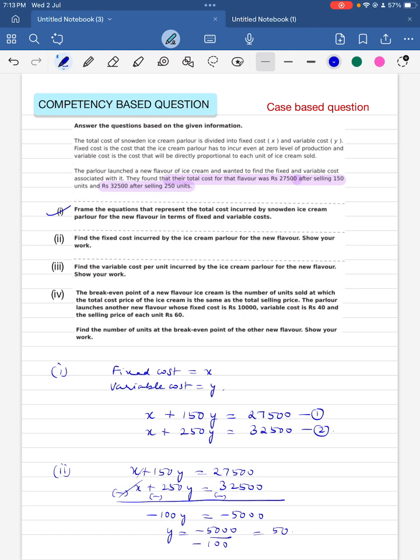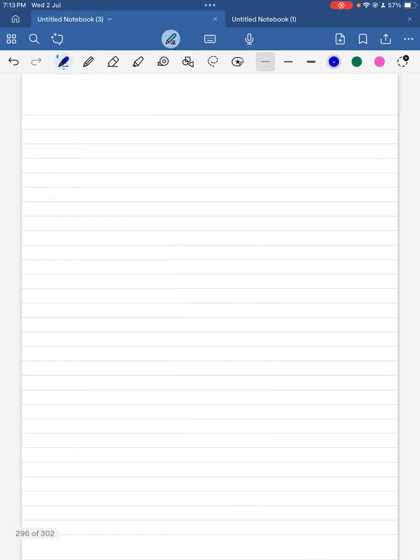Okay, so now that we have the value of Y, I can find the value of X by substituting it in one of the equations. So the equation was X plus 150Y is equal to 27,500, in which I will replace the value of Y with 50.